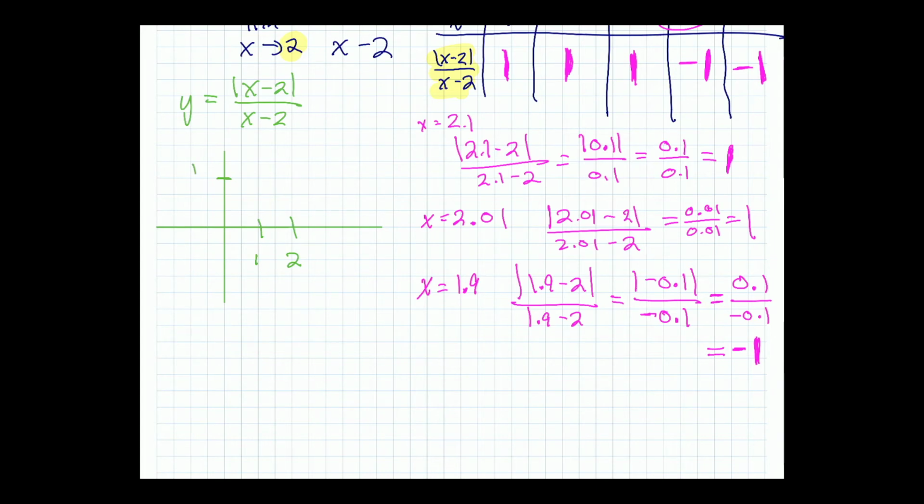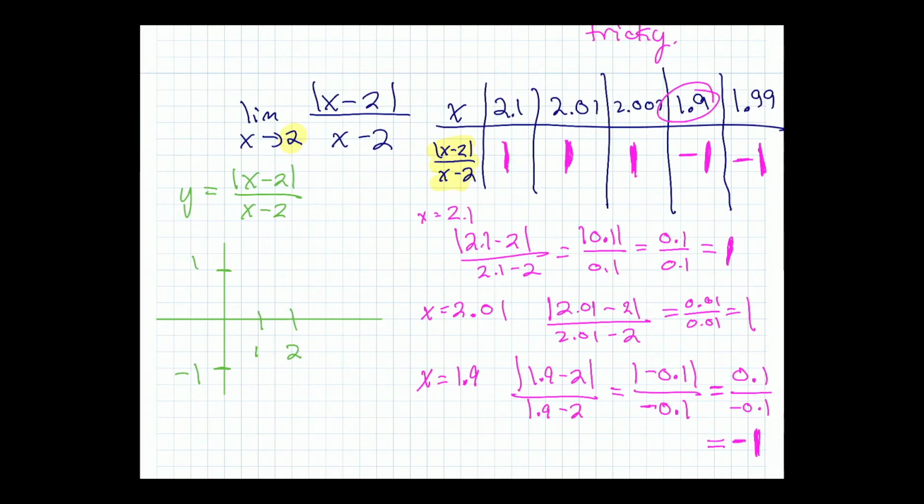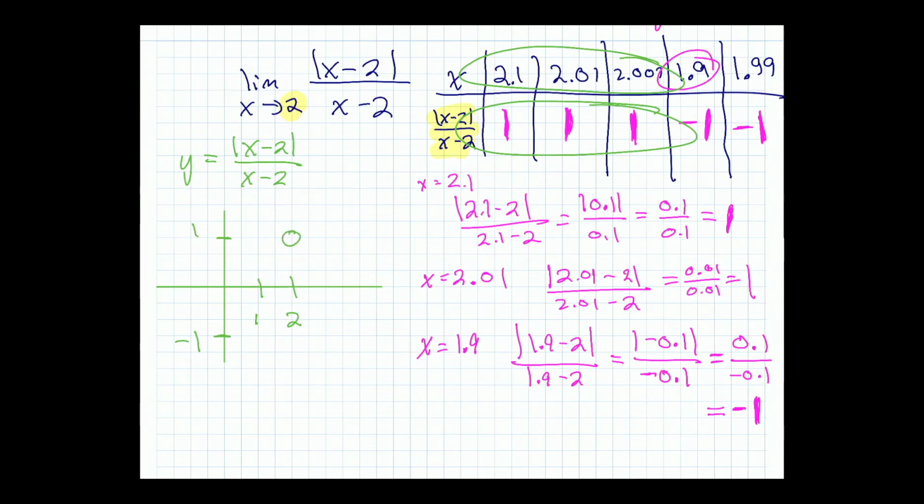And then put 1 up there, minus 1 down there. So when you're to the right of x equals 2, all of your y values are 1. So the right-hand half of that graph looks like that.